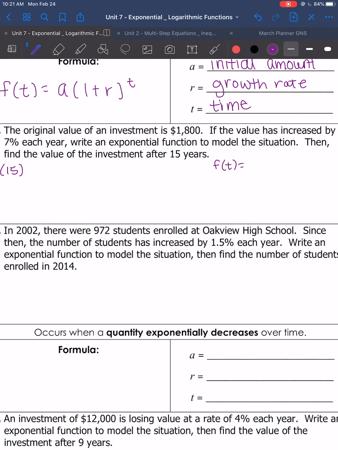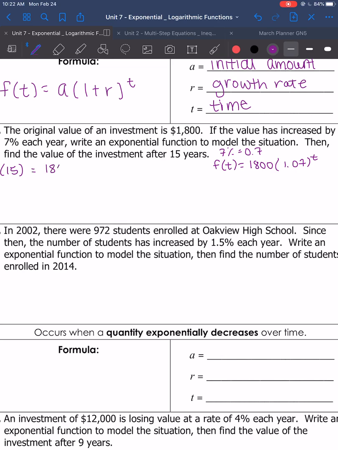So f of t, our initial amount is $1,800. And then 1 plus our growth rate, which is 7%. So 7% equals 0.07. So 1.07 to the t. So then we're going to just plug that in. We're going to plug in 15 for t.